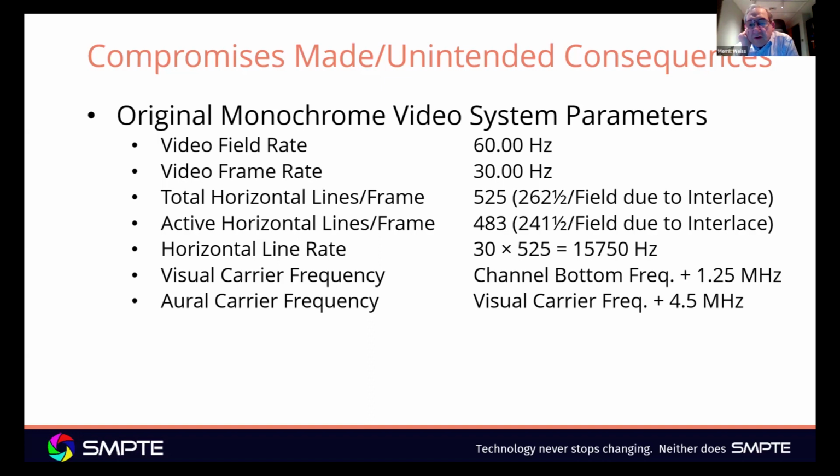And then the channel visual carrier frequency was 1.25 megahertz above the bottom of the channel, with the aural carrier being 4.5 megahertz above that. So it's important to recognize that the spectral components within the signal were all related to that carrier frequency. And as the carrier frequency moved, the other components were expected to move with it.